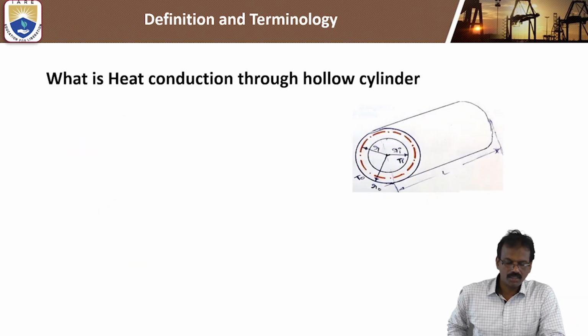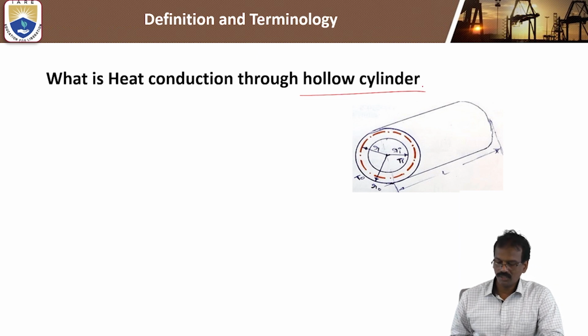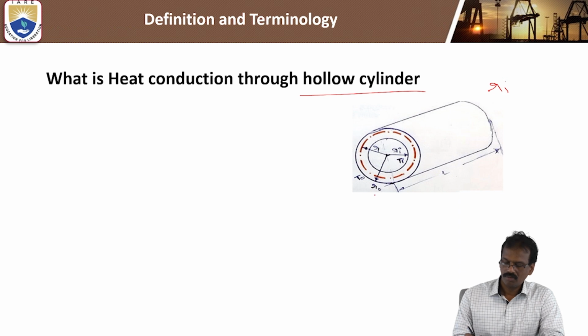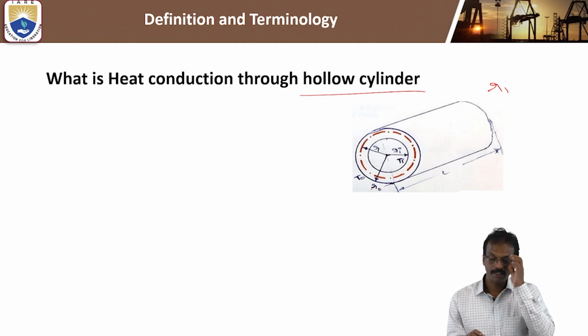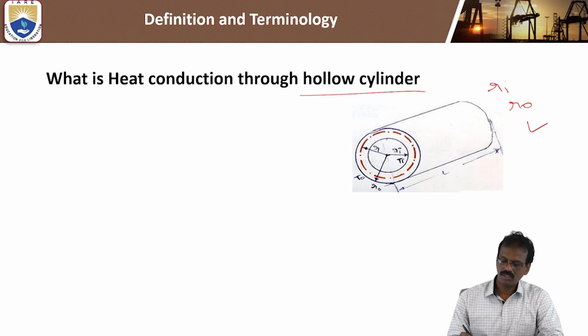Next, heat conduction through hollow cylinders. This is a hollow cylinder. Inner radius is Ri. Outer radius of the cylinder is equal to R naught. Length of the cylinder is equal to L. The inner temperature is Ti, and the outer temperature is T naught.